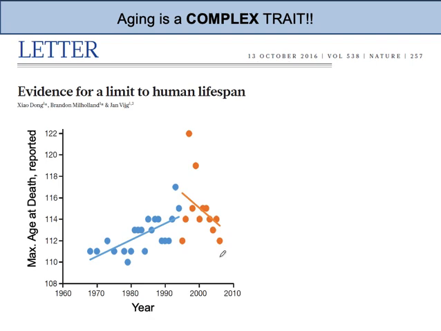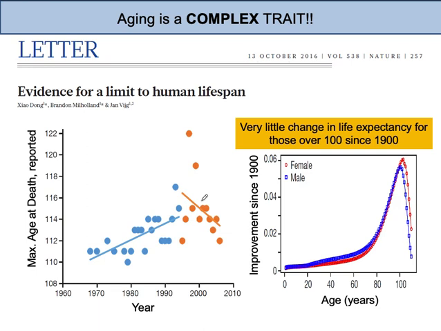One of the things that we see is that there's an increase in maximum age at death, right? Lifespan is increasing. And then eventually, sometime in the mid to late 90s, early 2000s, lifespan stops increasing. There's very little change in life expectancy for those over 100 since the year 1900.